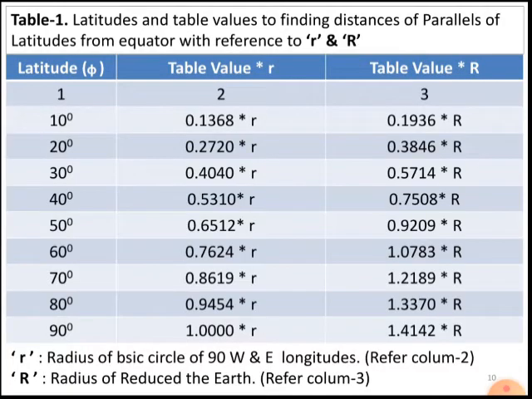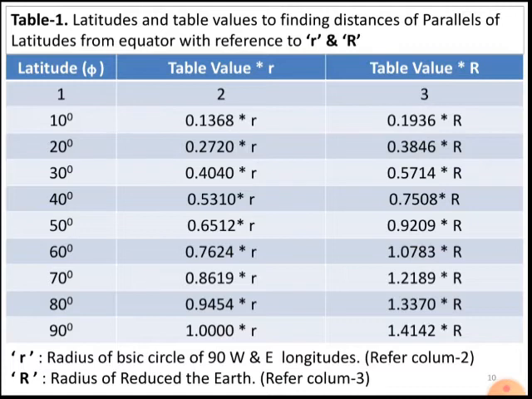So look at this table. These are the latitudes at 10-degree intervals, even though you can have 5-degree or 1-degree interval values in the reference books, which are given in the last slides. If you are interested in using the small r, which is the radius of the circle, use the values from column number 2. If you want to use the capital R, which is the radius of the reduced earth, you must use the table values from column number 3.